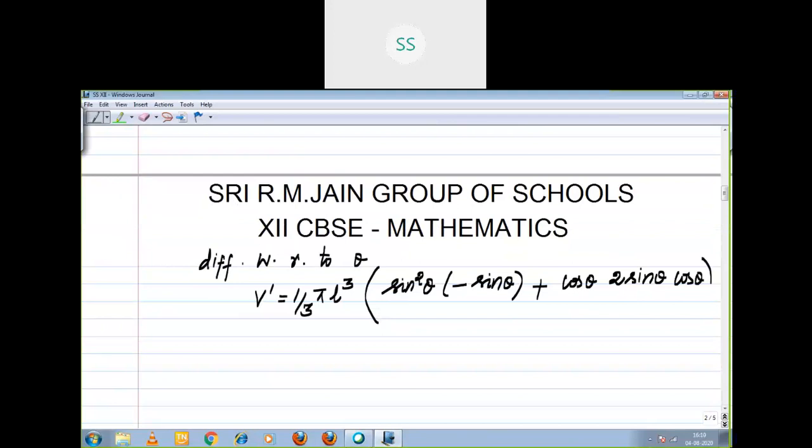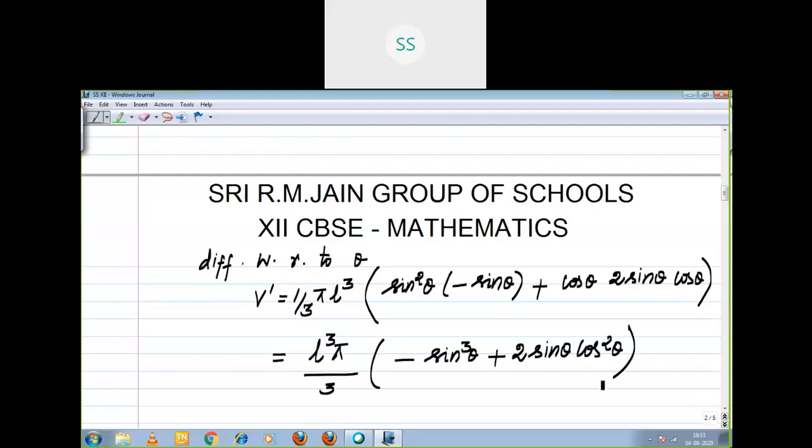Cos theta. I hope you people understood. You know these things very well. So V dash equals l cube pi by 3 bracket minus sin cube theta plus 2 sin theta into cos square theta.